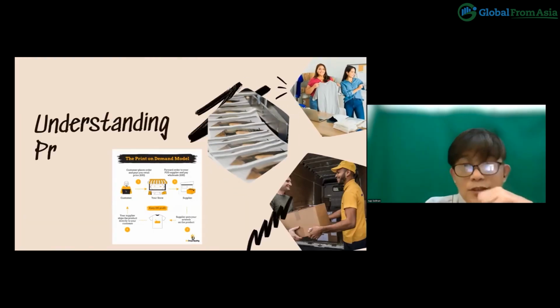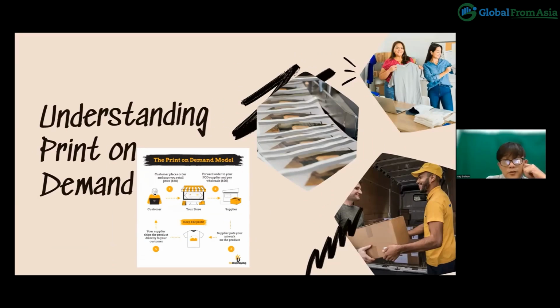So just a little bit about me. I've been doing print on demand for the last 2 or 3 years already. So just a brief introduction about print on demand. It's basically the model works this way. The reason it's called print on demand is because the customer only gets the product once he buys it online.